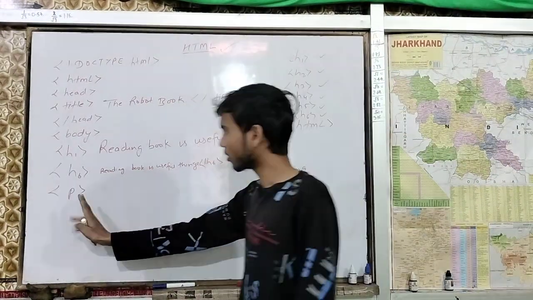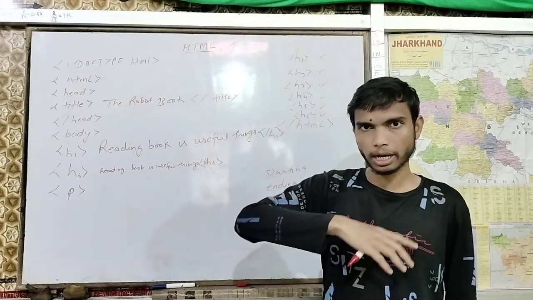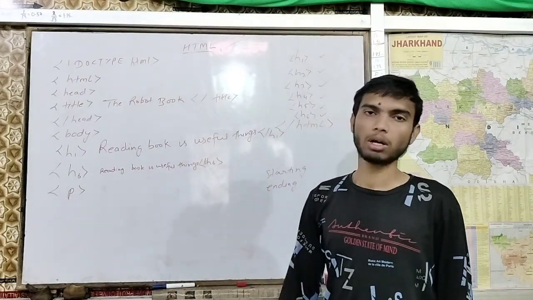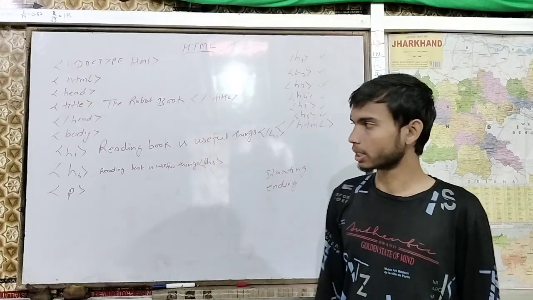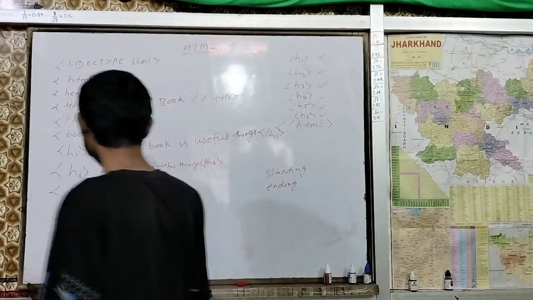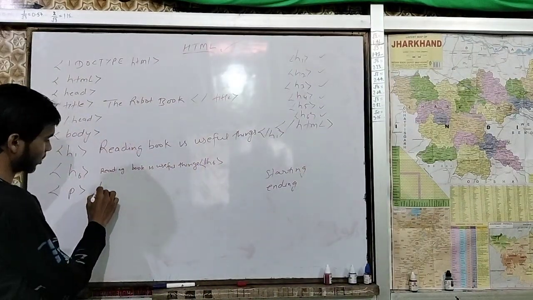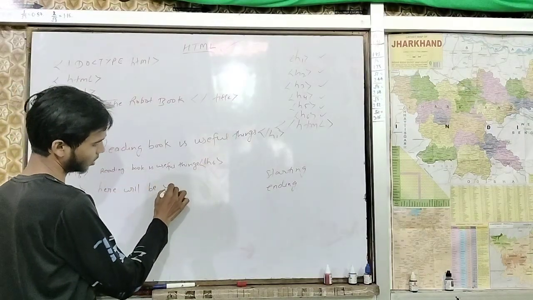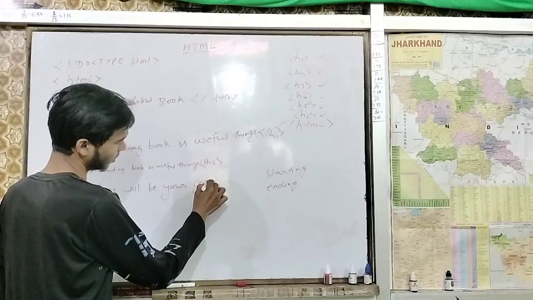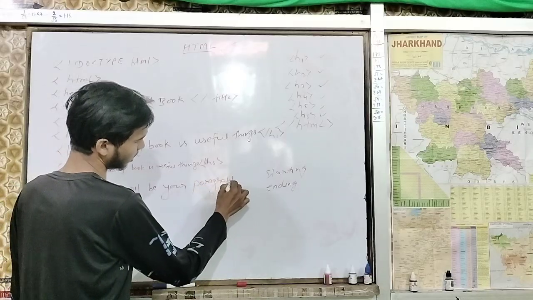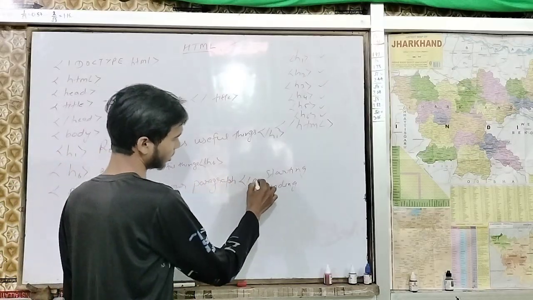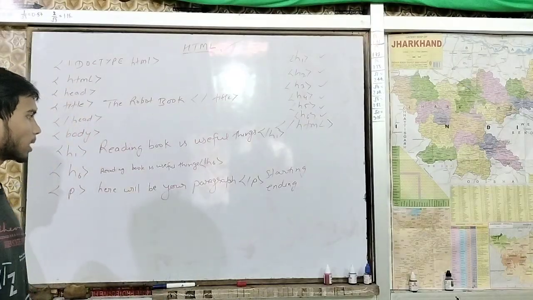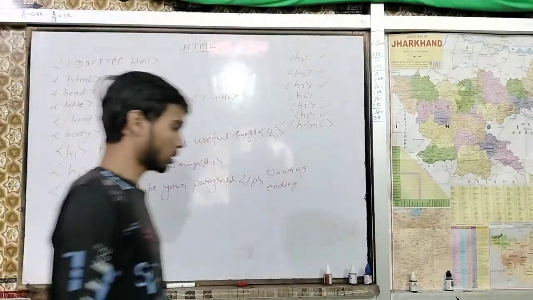By using this tag, you can type a lot of paragraphs, a lot of sentences. Clear? A lot of sentences. Here will be your paragraph. Okay. Then slash and p. This is your complete paragraph tag.